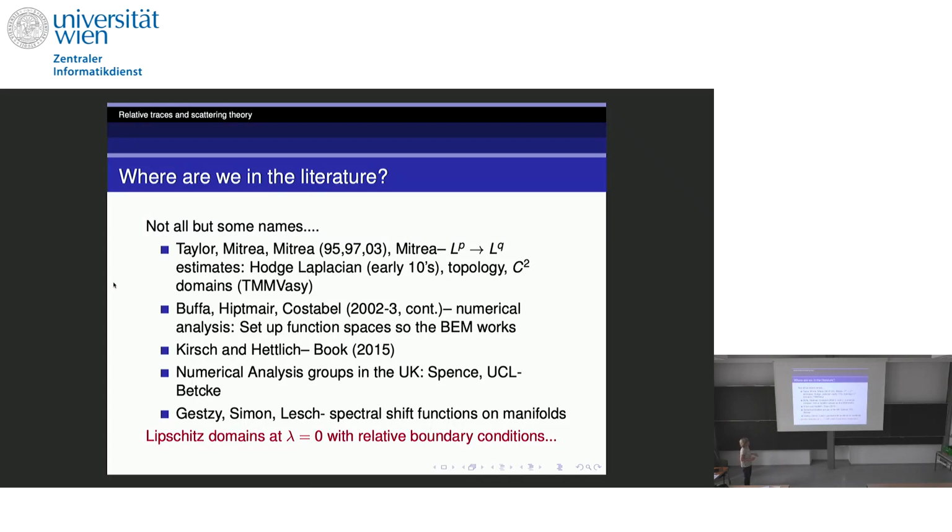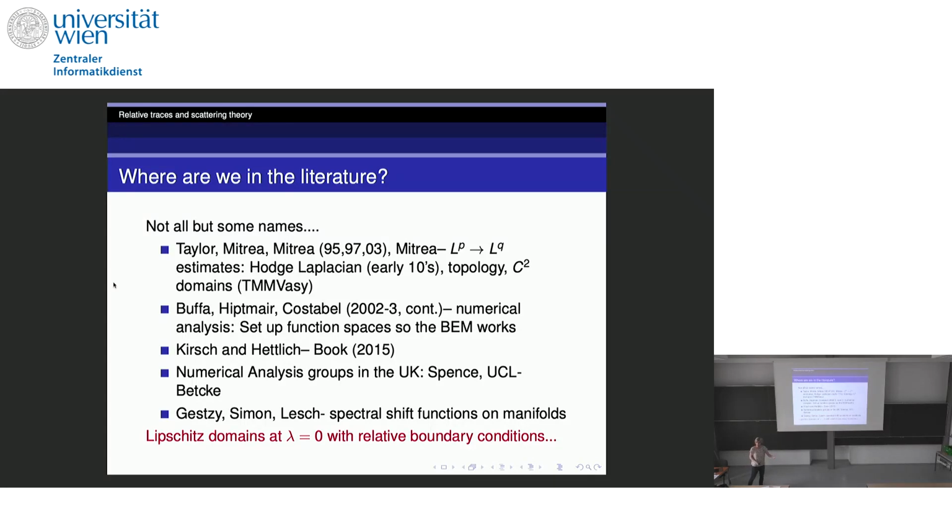At the same time, a group of people who are not using high-power spectral theory, Annalisa Buffa, Ralf Hiptmair, Martin Costabel, two of whom are at ETH, and this person is at Rennes. They set up spaces for numerical analysis, and they set them up so that what's called the boundary element method worked.